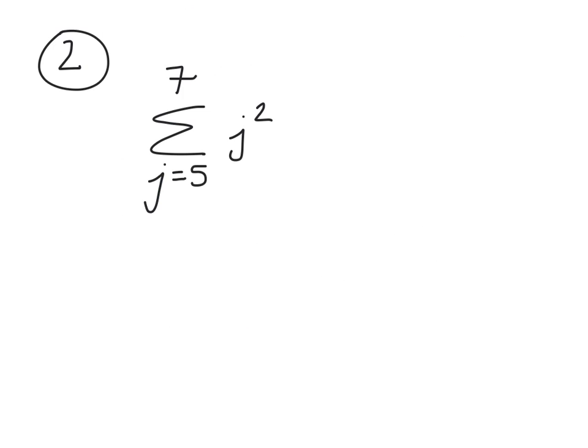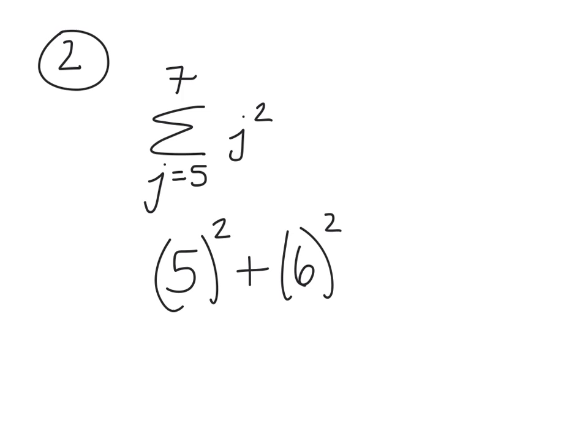All right, let's try another one. Again, this is the Greek letter sigma. This is read the sum of j squared from j equals 5 to j equals 7. In this case, we start with our index of 5. We're just going to substitute it in. So 5 squared. Sigma means sum, so add, and you're going to go from 5 to 7.